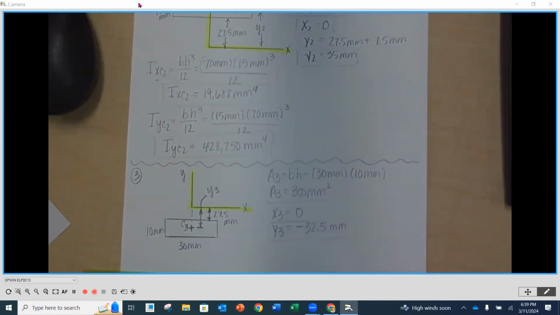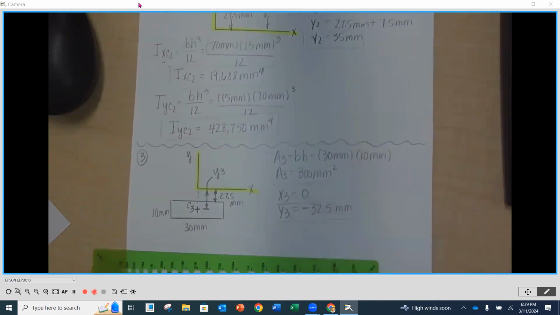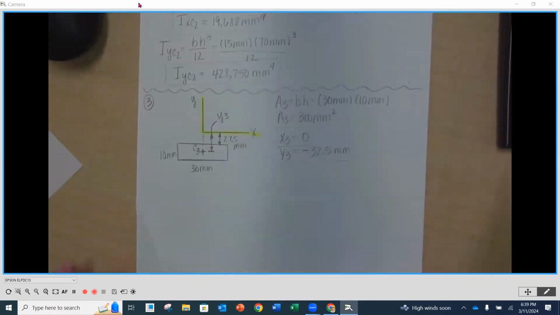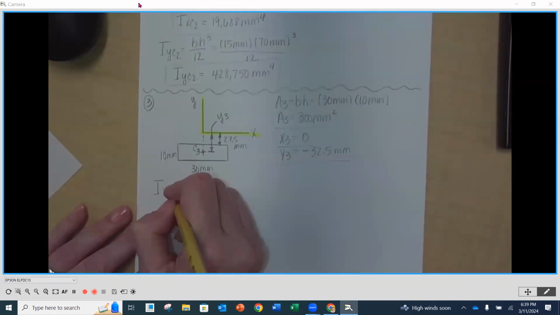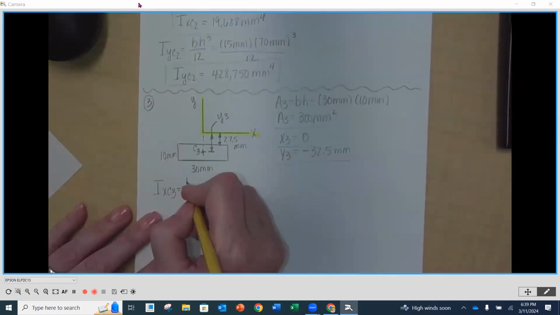And now, as long as we're here, I know this isn't part of the centroid part, but it will do us a favor a little bit later. We'll do the moments of inertia about the X and Y centroidal axes. And we know those equations by heart. So IXC for shape number 3, base times height cubed divided by 12.